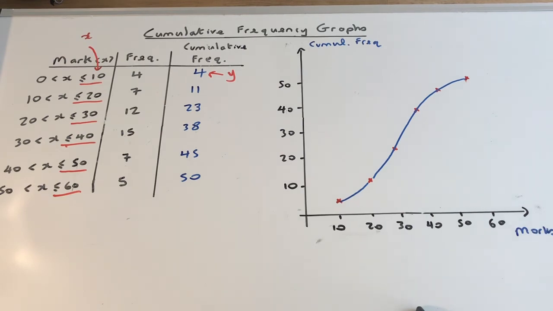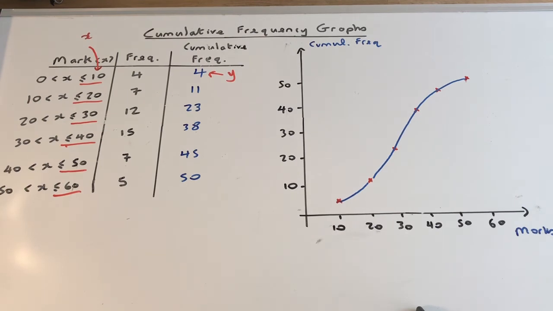Okay, and that's pretty much my graph done now. One last little point I'm just going to mention, which is, this is perfect. This is all you need. Some textbooks, if you look online or you're revising from a website, also join the graph back to the lowest point.